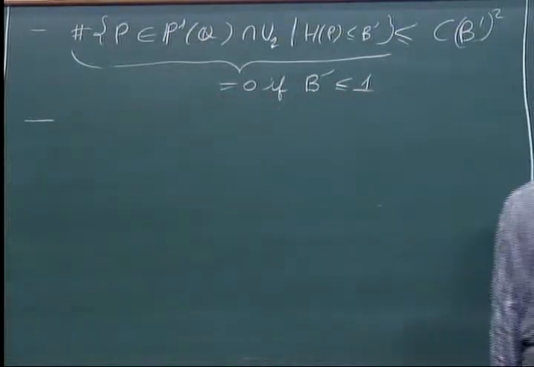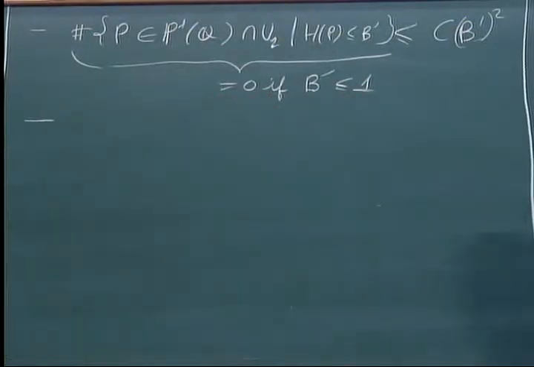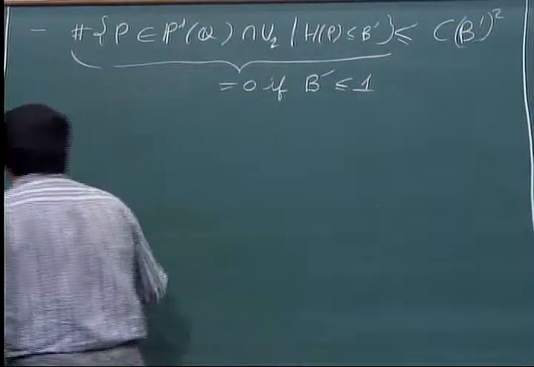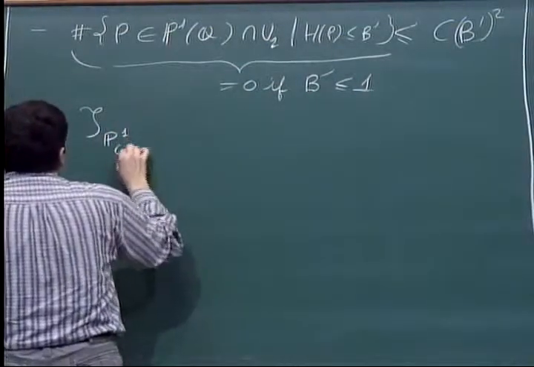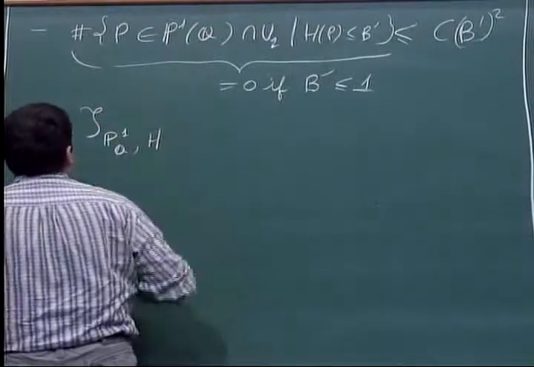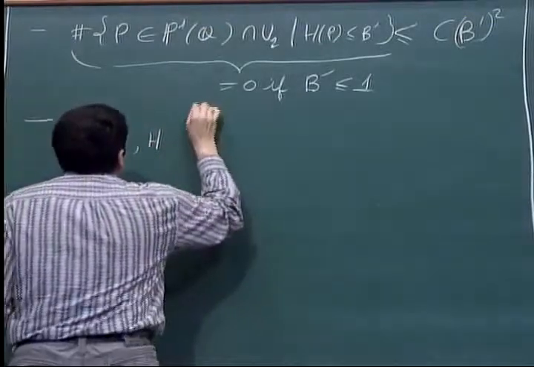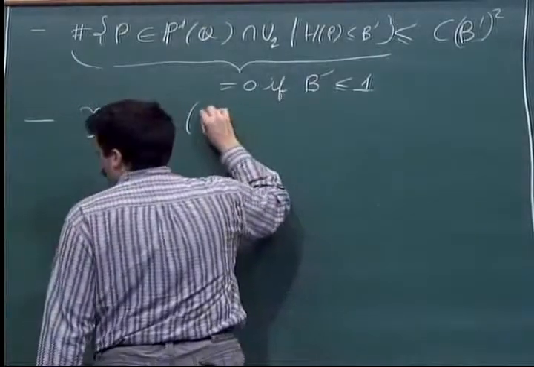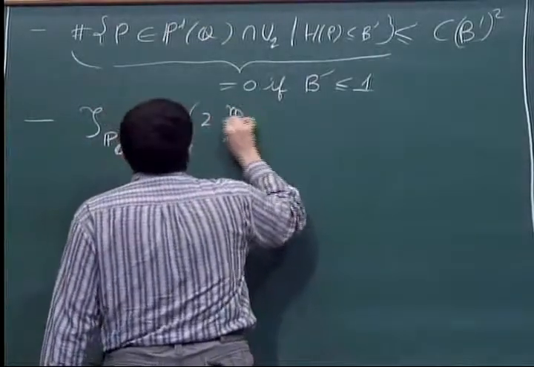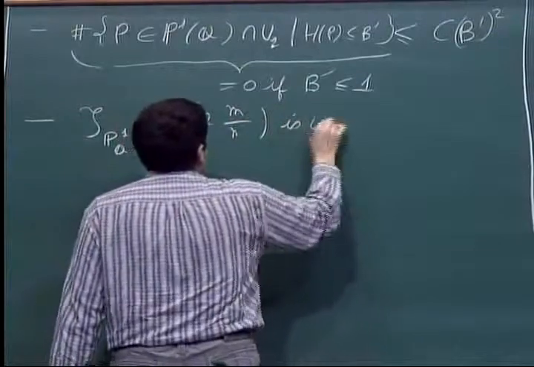And the last thing I shall use is that if I look at the height zeta function for P1 on H, then the sum for 2m over n is convergent.